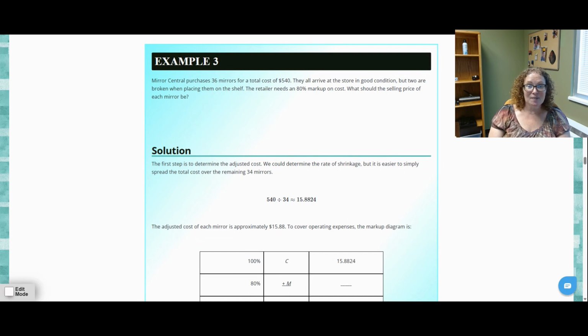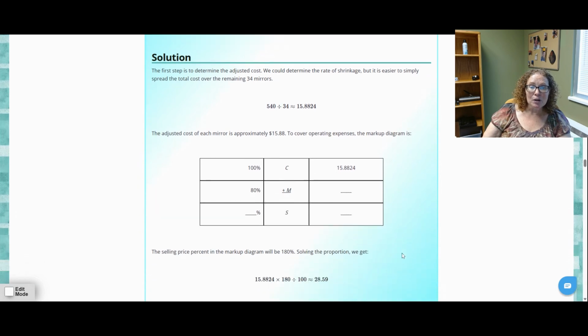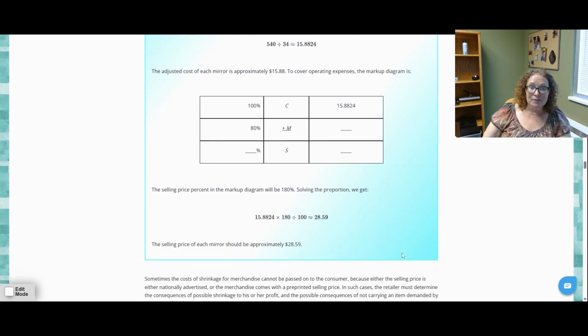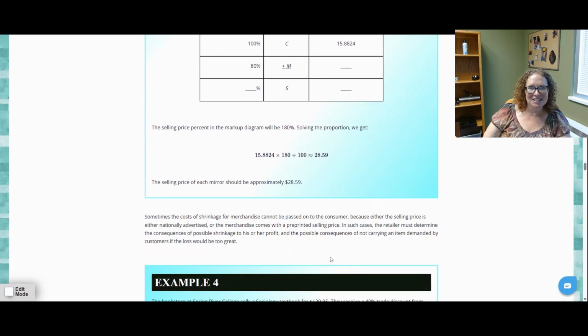So now we have to take that $540 and divide it by 34 mirrors instead. And we get $15.88. So then we need to figure out the markup using the diagram. And we now find that we have to sell each mirror for $28.59.